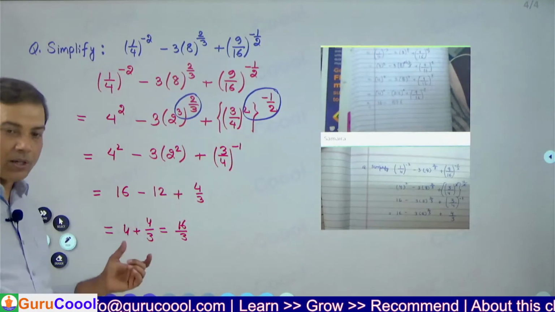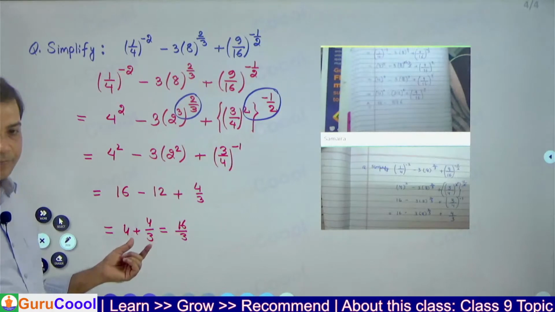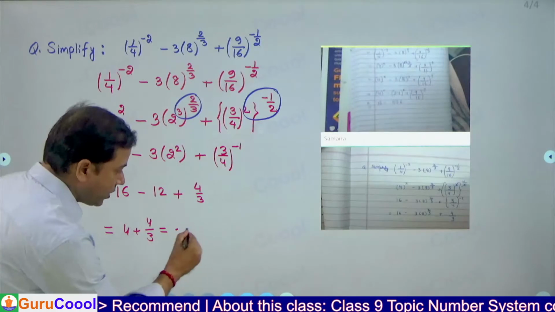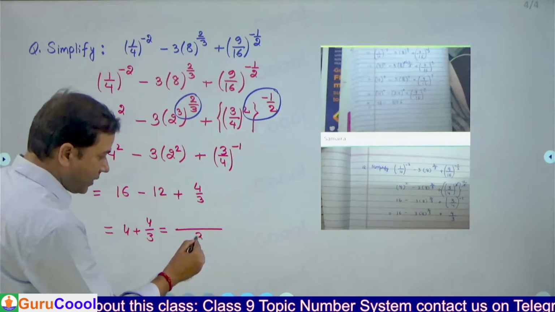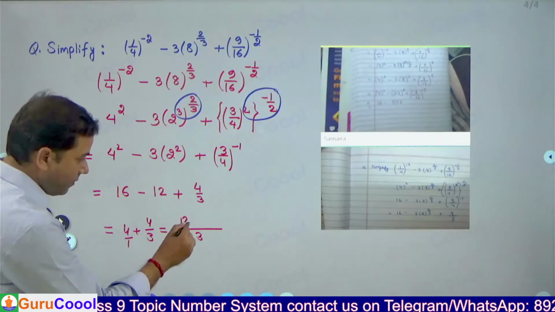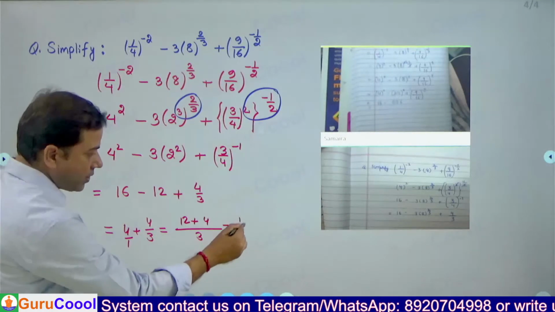I taught you the shortcut to handle this situation, isn't that? If you want to involve one more step between them, it's your choice. You can. 3 will be the LCM. 1 is here. So 1 3 is 3, 3 4s are 12, plus 3 1s are 3, 1 4 is 4, and then it is 16 by 3.